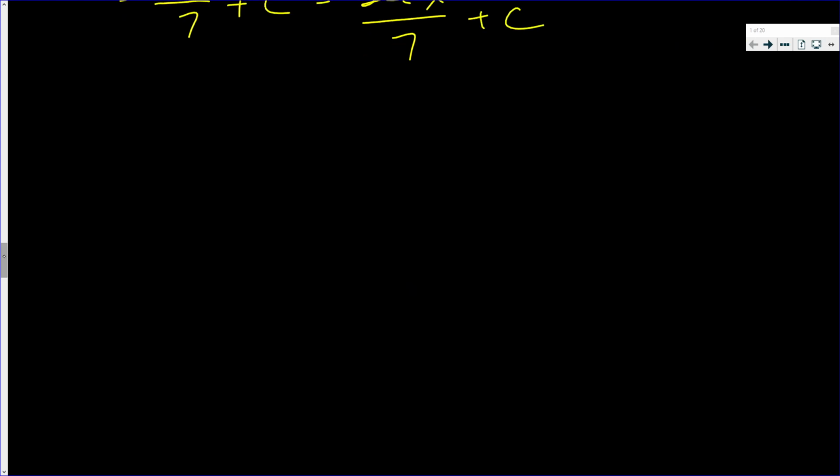Now, suppose you have this integral: secant to the 4th x times tangent cube x dx. I can write the secants in terms of tangents, or I can write the tangents in terms of secants. The question is, which is the best way of doing this?